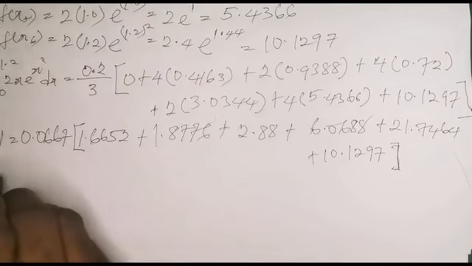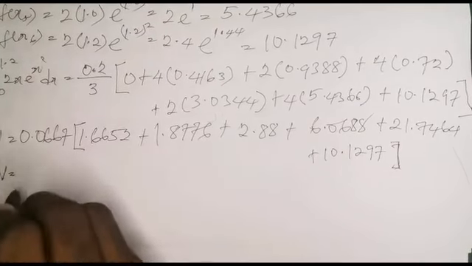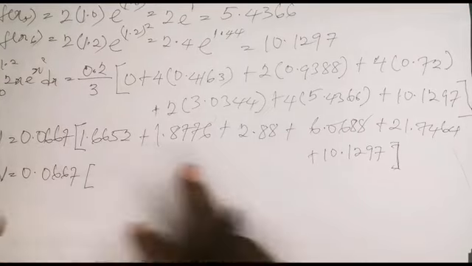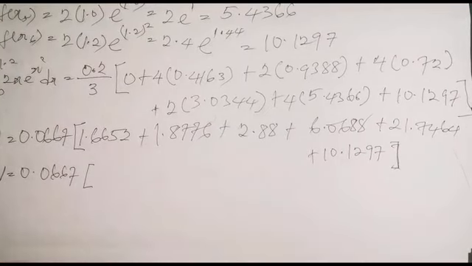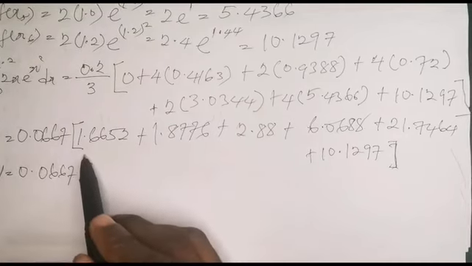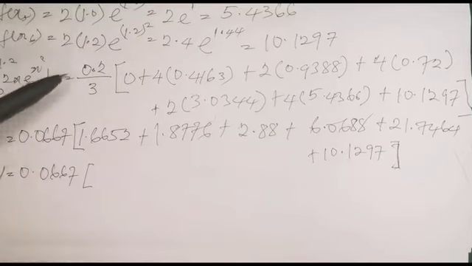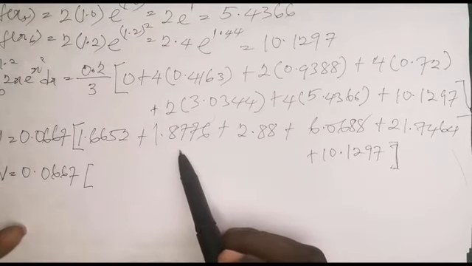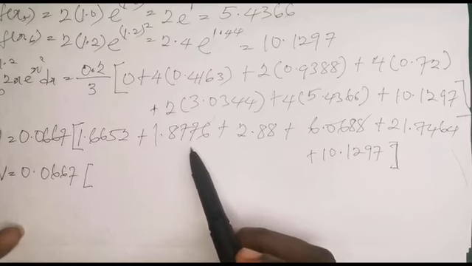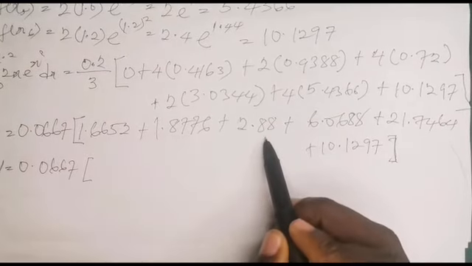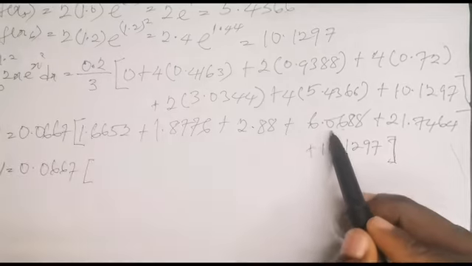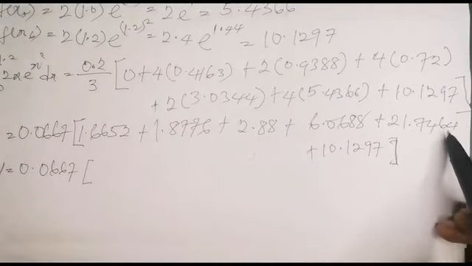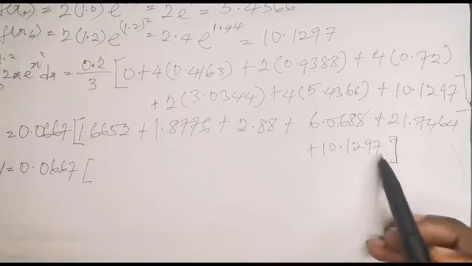All right, so the velocity V is now going to be 0.0667 now multiplying. So let's add everything we have here: 1.6652 plus 1.8776 plus 2.88 plus 6.0688 plus 21.7464 plus 10.1297.